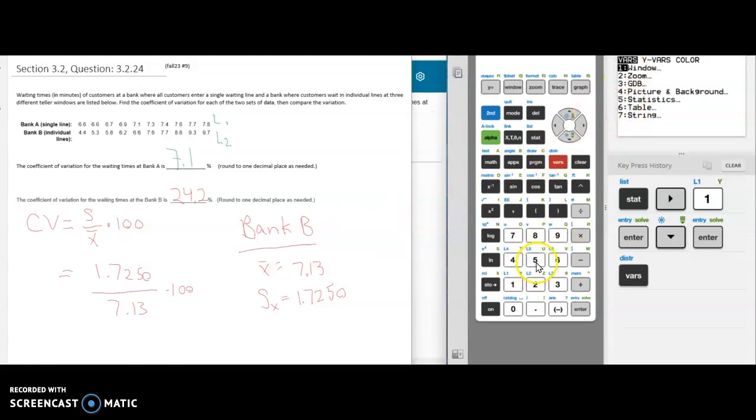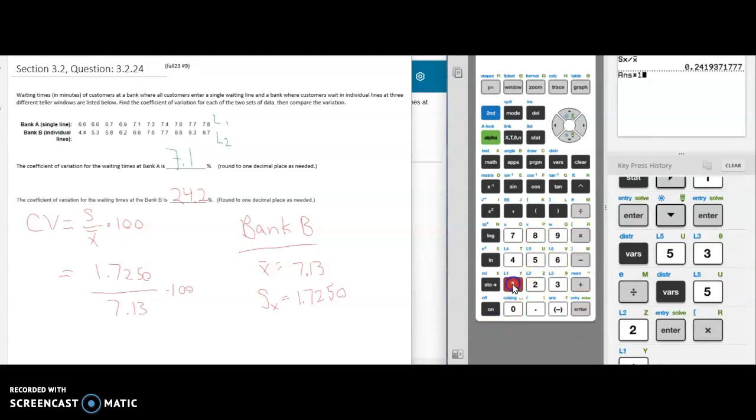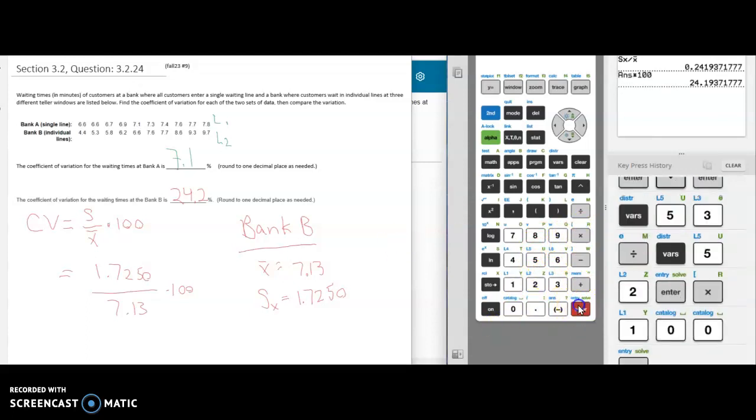We use S, which is the third item, divide by, then vars, statistics, and X bar, which is item 2. Enter, and then times 100. That's a little trick to use stored values. You can see we come up with the same answer, but you always want to use stored values over rounded values in your calculations.